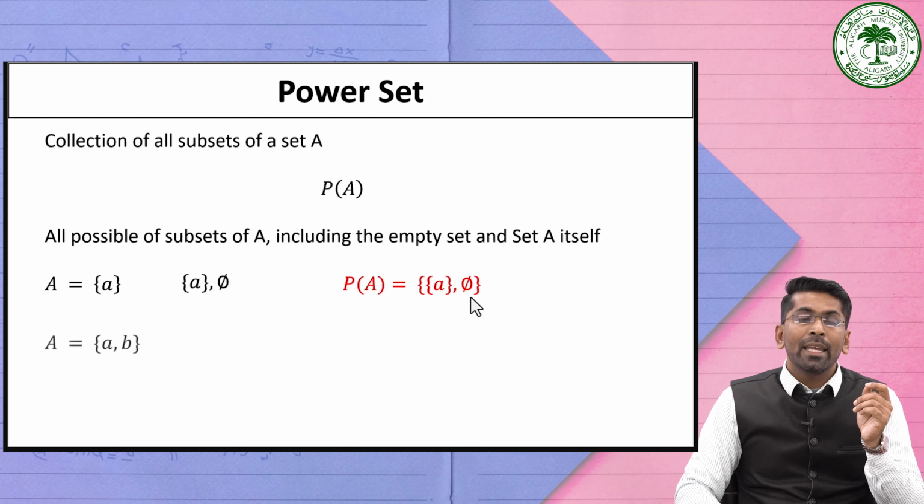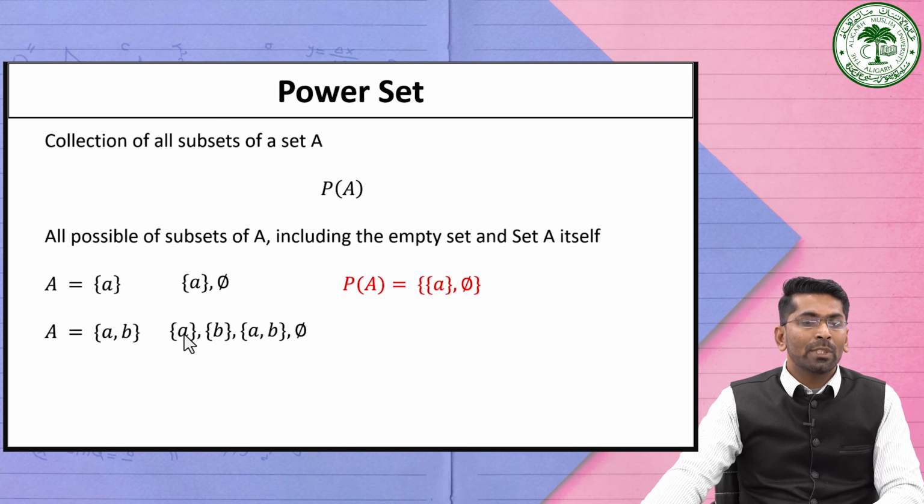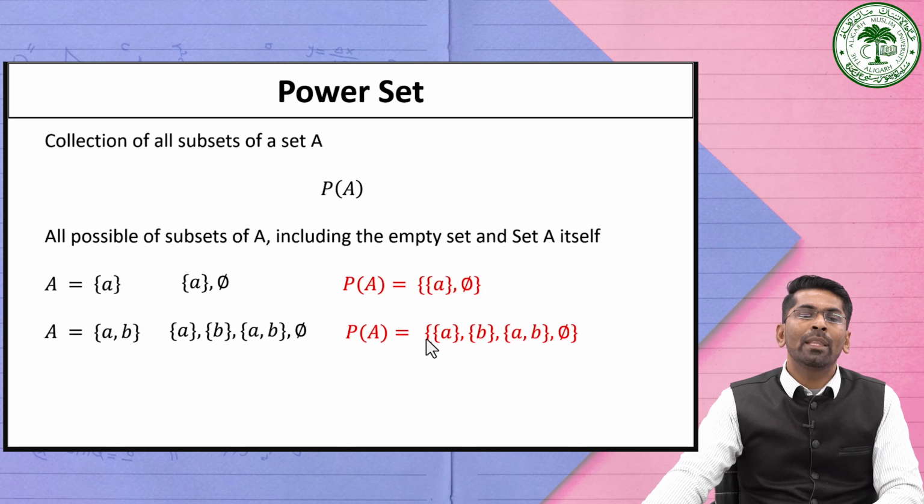Now let us consider if A has two elements, a and b, then what are the various possible subsets? {a} is a possible subset, {b} is another possible subset, {a,b} is another possible subset because it is a subset of itself, and phi is also a subset of all sets. So the power set includes all the possible subsets, that is {a}, {b}, {a,b} and phi.